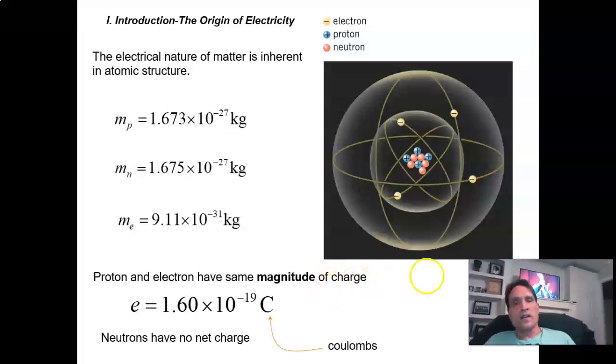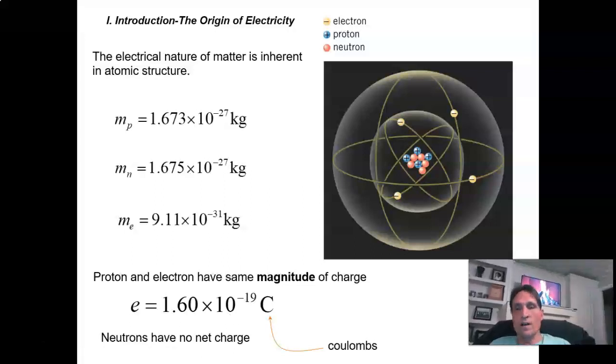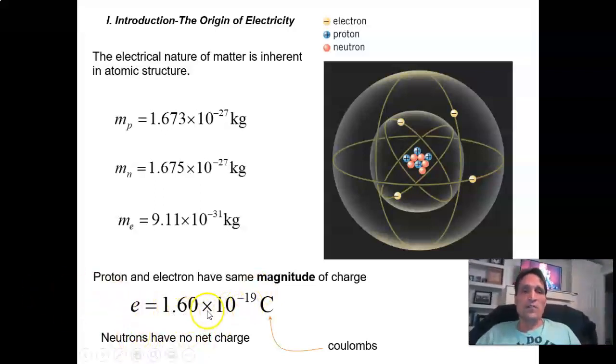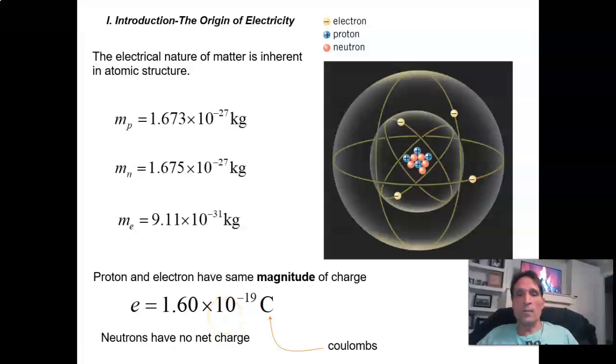Here, each of these protons and electrons have the same magnitude of charge. Okay, so a proton and an electron, the magnitude of the charge on each of these is 1.6 times 10 to the negative 19 coulombs, which is a big C, and that is the unit of electrical charge, the coulomb.